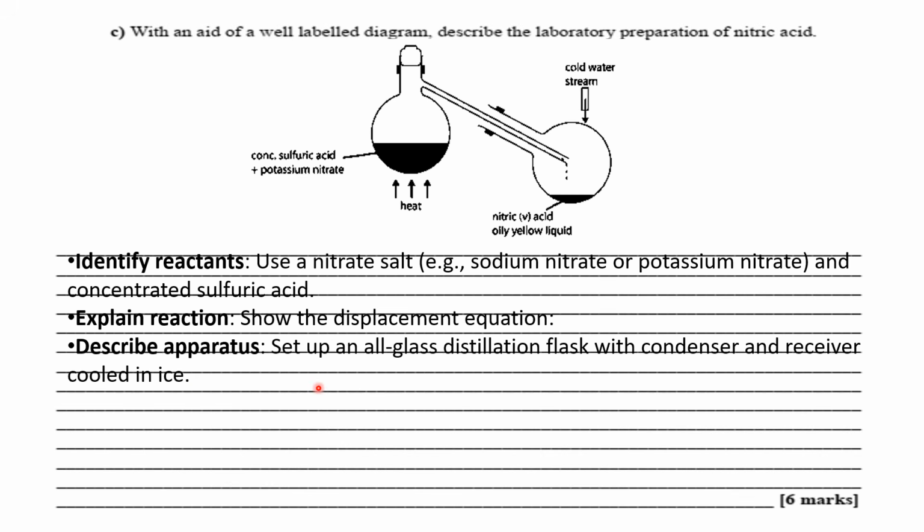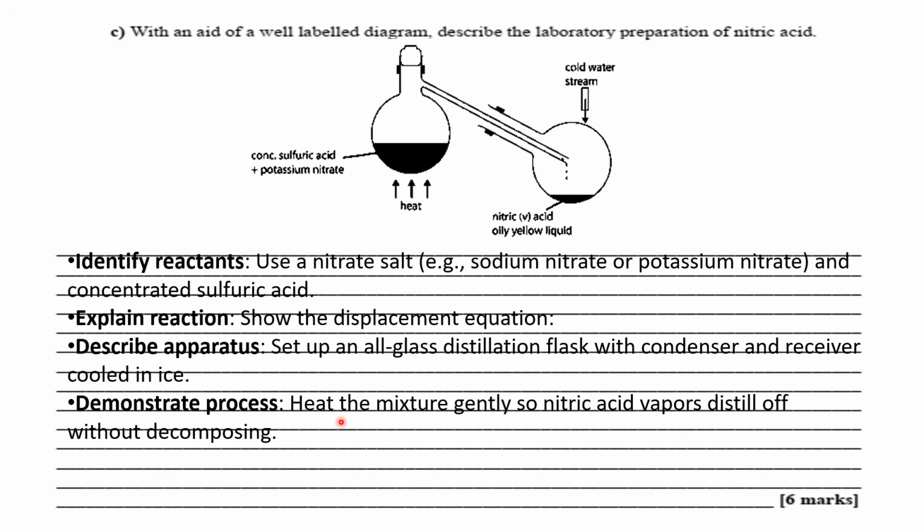That is going to produce nitric acid, which rises up and is delivered down here in gaseous form. When cold water is introduced, there is condensation here, which forms nitric acid over there.